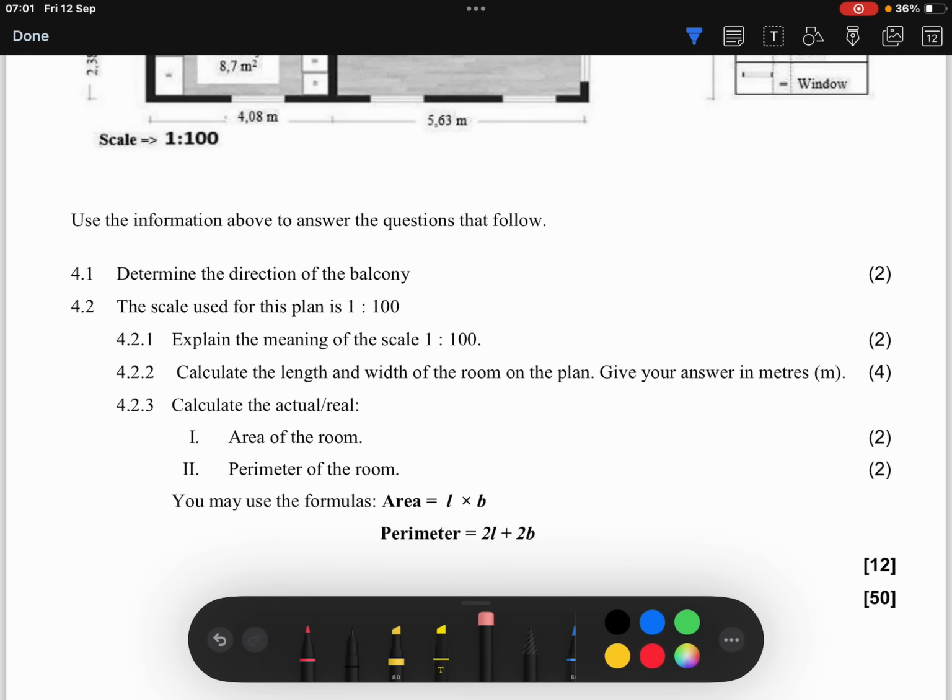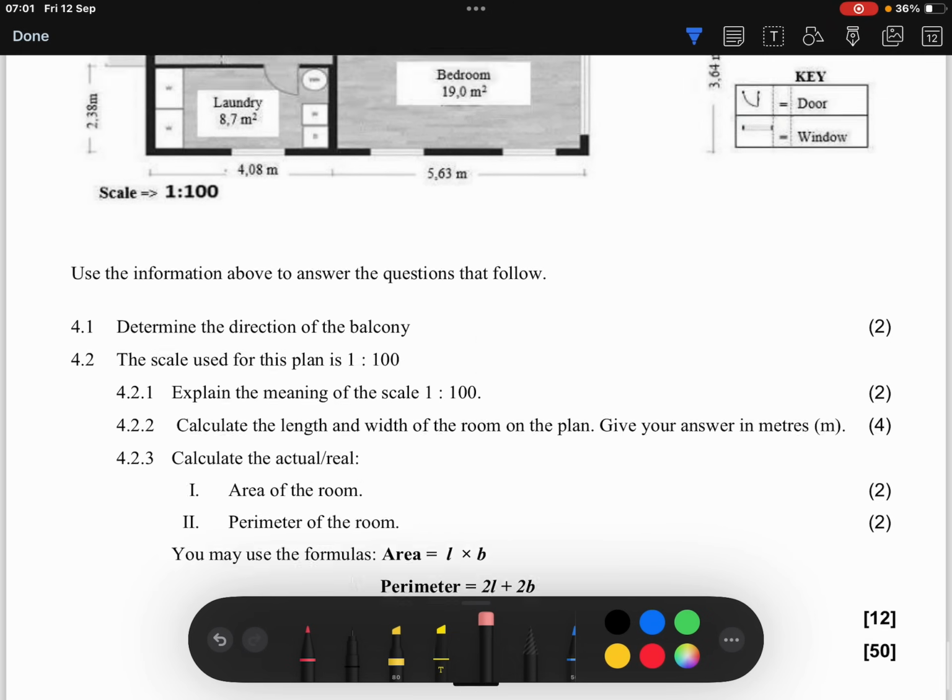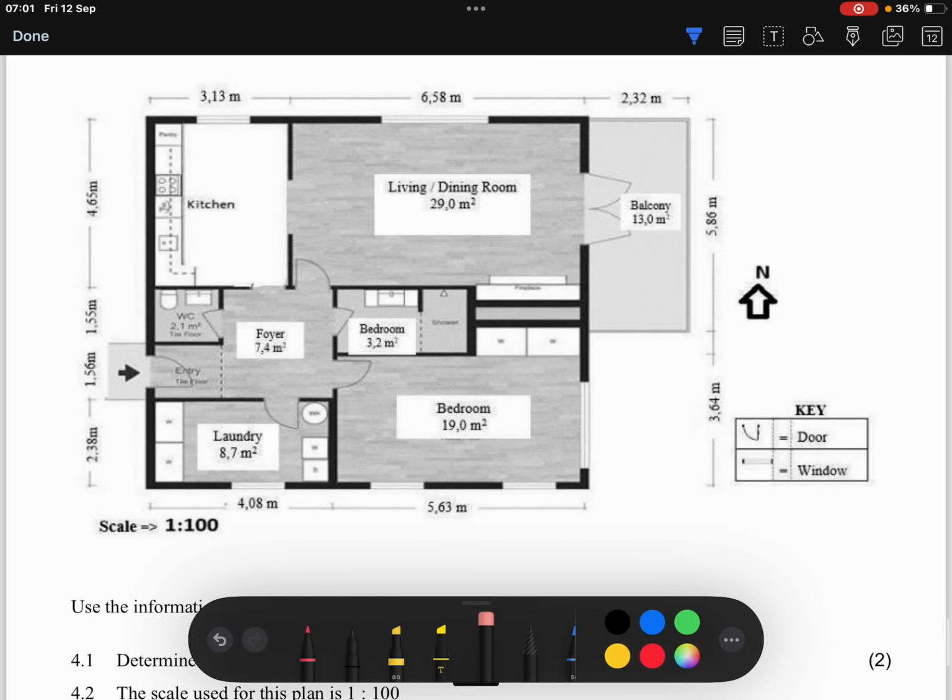Now 4.1.1, it says determine the direction of the balcony. As I've mentioned, guys, we're given the compass direction there. Never eat sour worms.